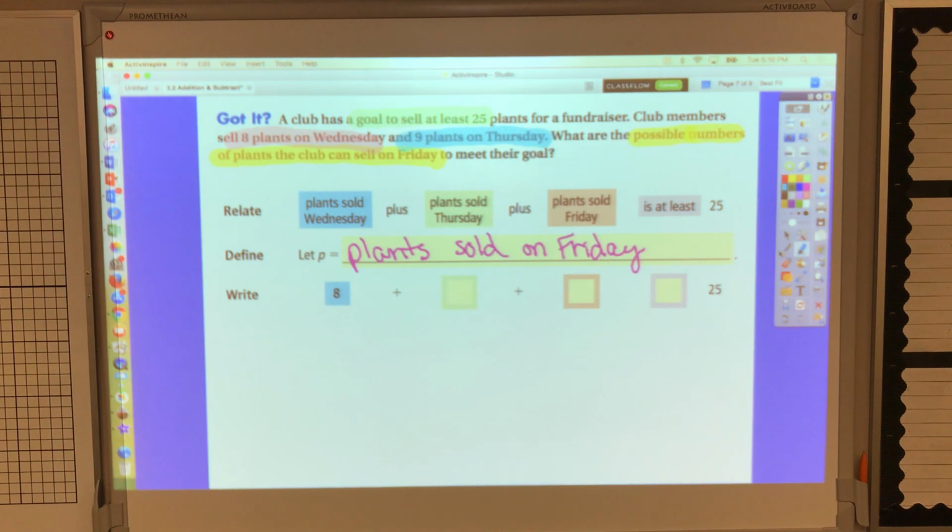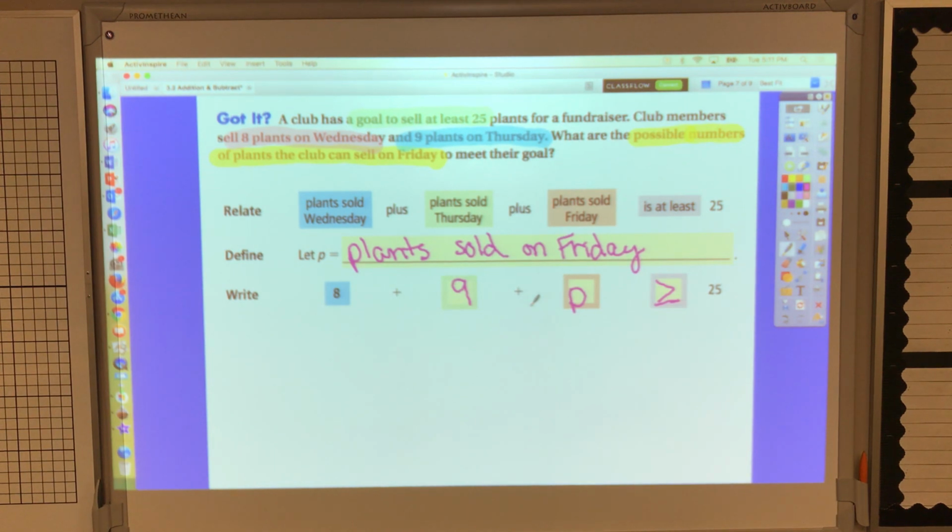So if my goal is to solve this inequality, we need to take the number of plants they sold on Wednesday, which is 8, plus the number sold on Thursday, which is 9, plus the number sold on Friday, which is P, and they want it to be at least. So the smallest it can be is 25, so it needs to be greater than or equal to 25.